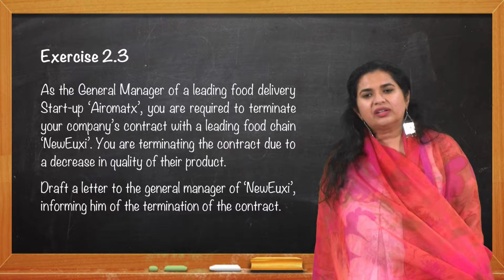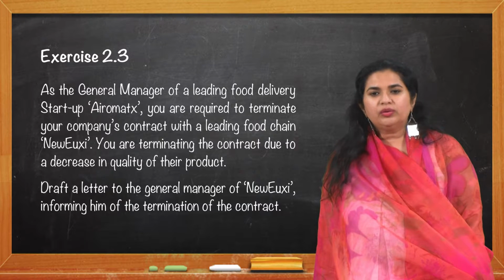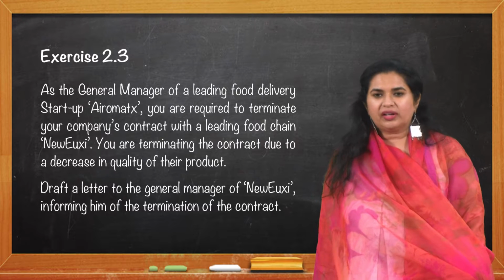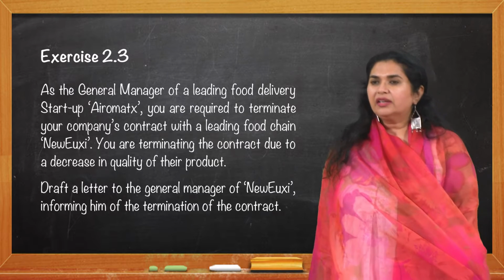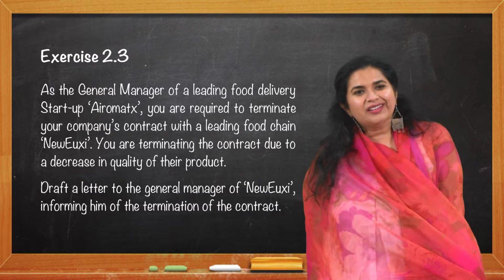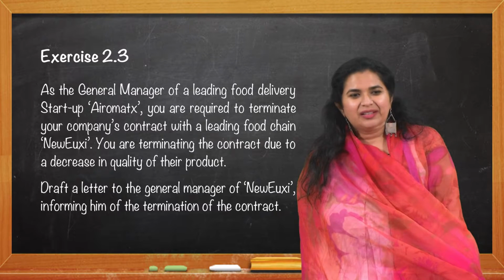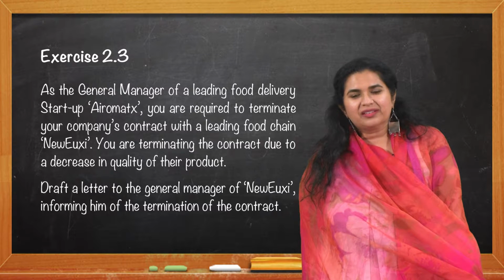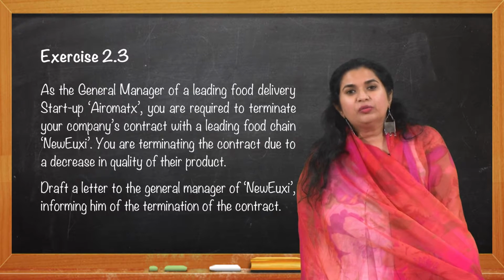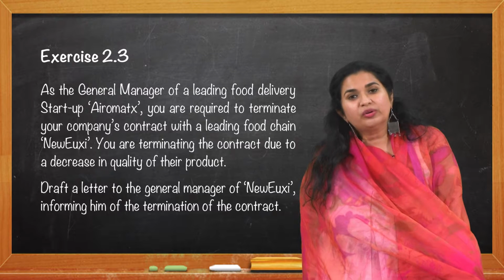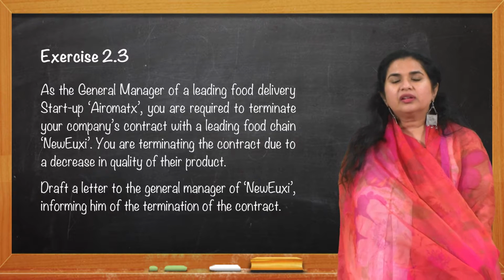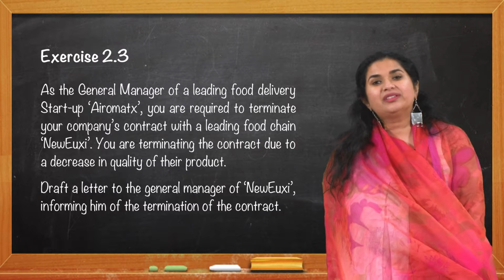Draft a letter to the general manager of the food chain informing him of the termination of the contract. Now, remember again the tone. Remember, nothing is permanent in corporate life, in business situations. Today you may not work together, tomorrow you may have to. So, always part on a positive note.